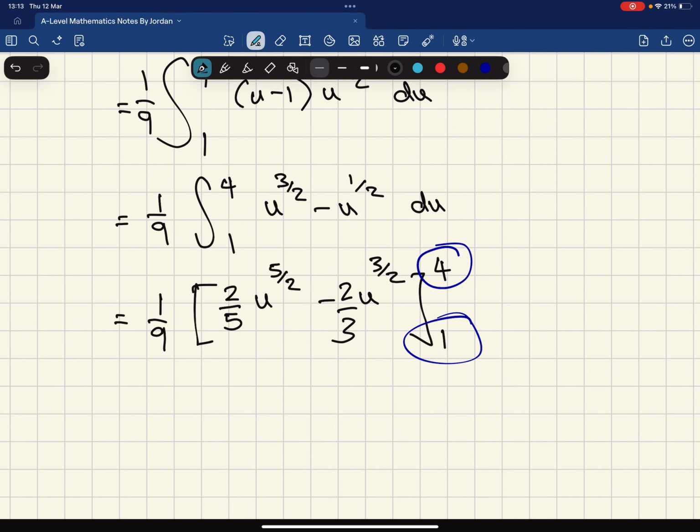I know most of you use a calculator at this point, but it's good to show your working out, which I will do. So it's 2/5. Essentially, we're putting in. So we'll start with a 4 then.